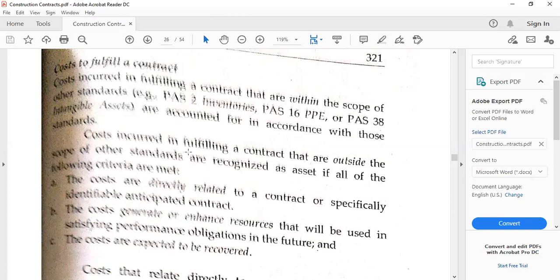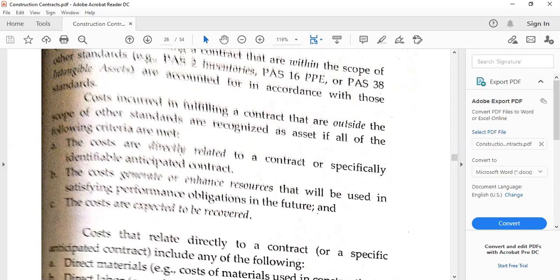Then we have to follow the specific provisions of these specific standards for them. Then if ever we have some costs that are in relation to certain contracts which are not governed by any specific standards, then we have to follow the provisions, for example, of PFRS 15.